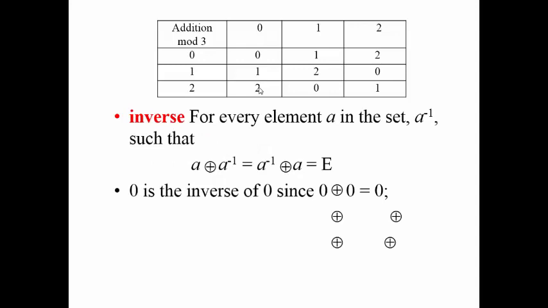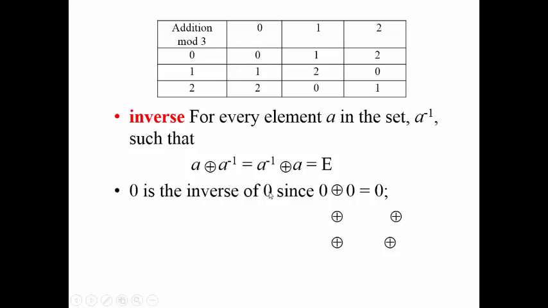And now we need to look at the inverse. So once we have an identity, for every element in the set, we have to have an inverse such that A operation A inverse is equal to A inverse operation A, which is equal to the identity. For example, 0 times what is 0? Well, 0 times 0 is 0.